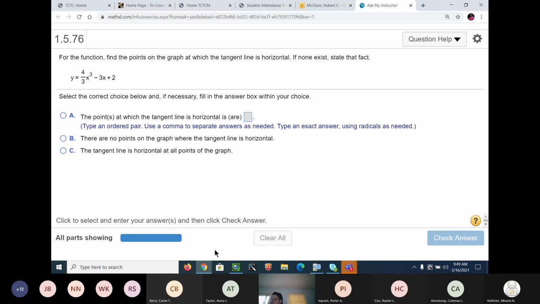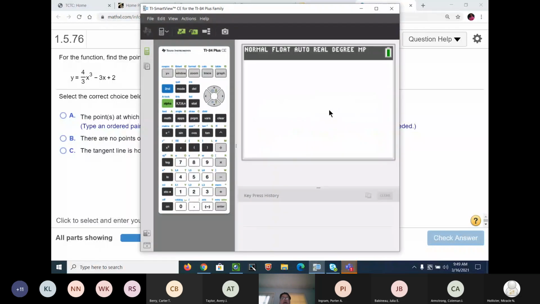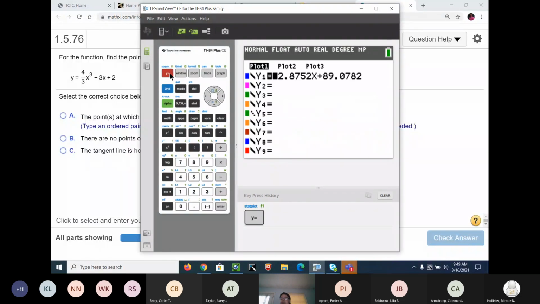Now there's going to be a point in here somewhere where there could be or not a horizontal line. And it's going to be very hard to get a horizontal line on this function. But let's go ahead and type it in the calculator because we need to look at it. So I'm going to take my handy dandy calculator and we're going to type in y is equal to 4/3 x squared.